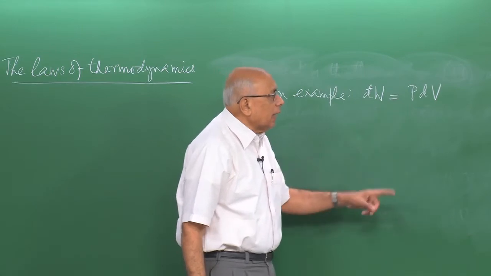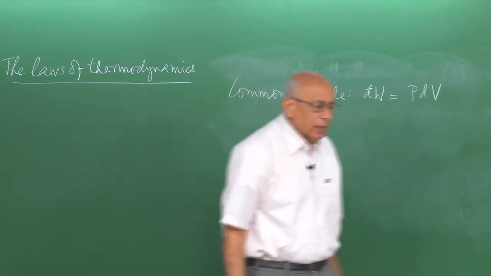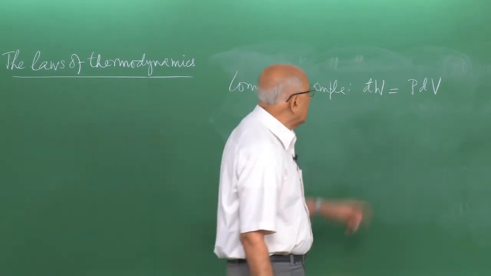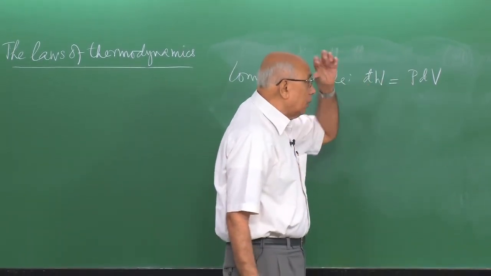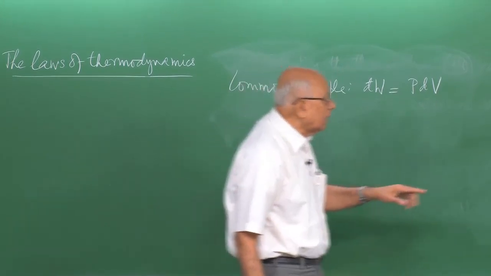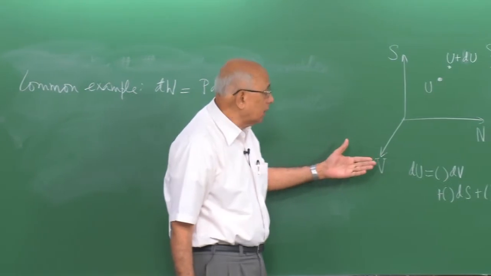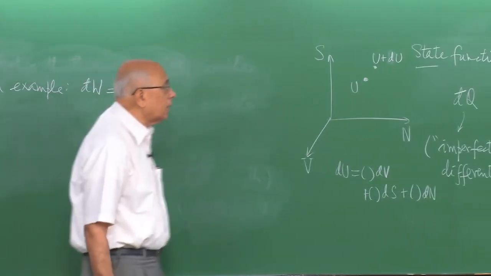P is the pressure of the gas, dV is the infinitesimal change in the volume of the gas when it does some work, for instance by expansion, and then dW is P dV. But what you must note here is that dV is a perfect differential, it is the differential of one of these independent state variables.